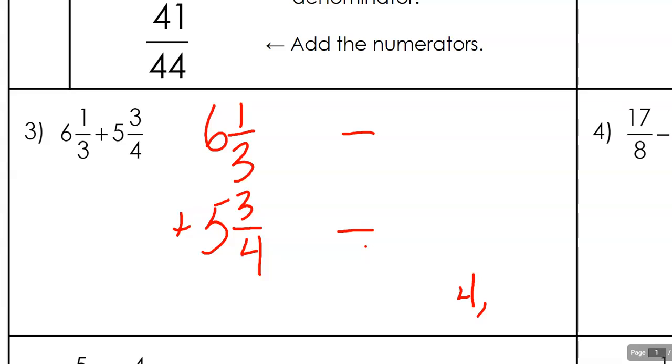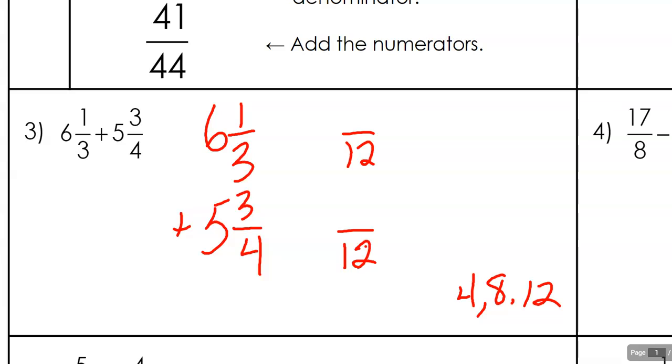The second multiple of 4, 4 times 2 is 8. 3 will not go into 8 an even amount of times. Either it will go in, but it will have a remainder. The third multiple of 4 is 12, and 3 will go into 12 4 times. So our denominator is going to be 12, right?